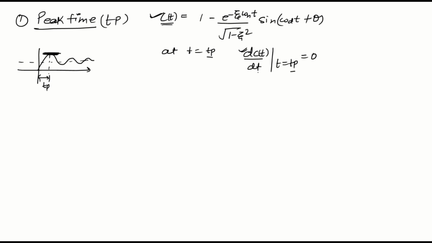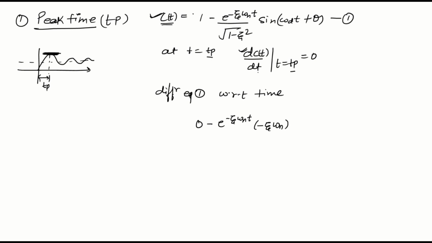So I am differentiating. Let me call this equation 1. Now differentiating equation 1 with respect to time, this will be 0 minus the differentiation of e raised to power minus zeta omega n t, which is zeta e raised to power minus zeta omega n t multiplied by minus zeta omega n, divided by square root of 1 minus zeta square.